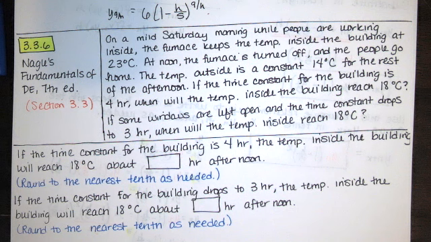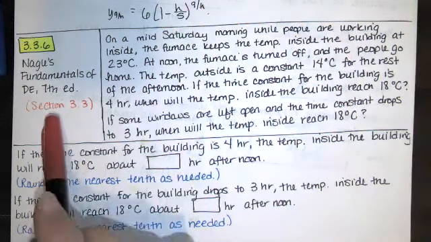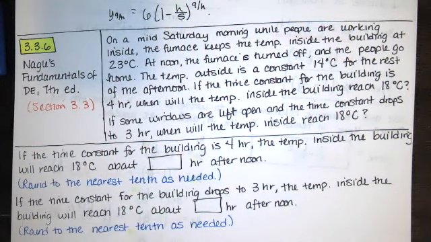And then we're potentially adding extra terms for heat generated inside the building, or furnace heating, or air conditioner cooling to the differential equation. And then they tell us the definition of the time constant in section 3.3.